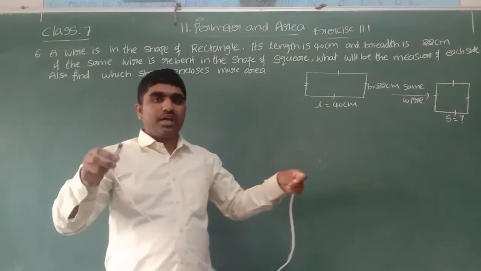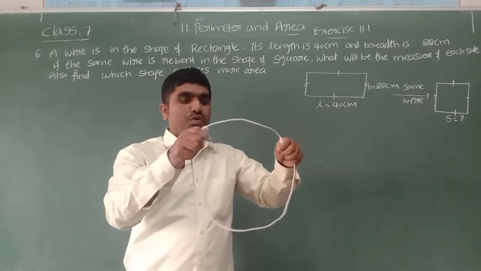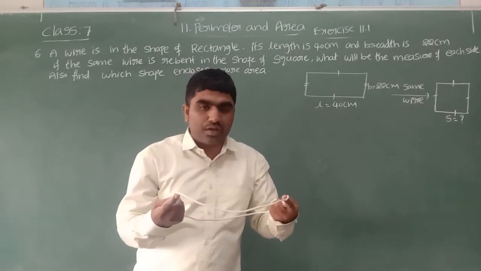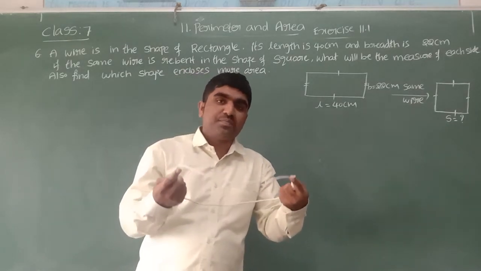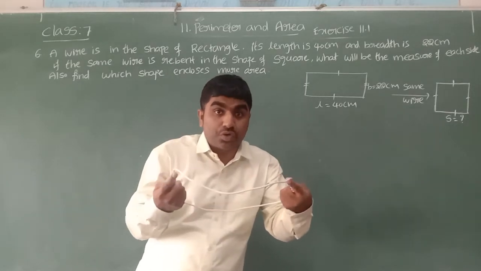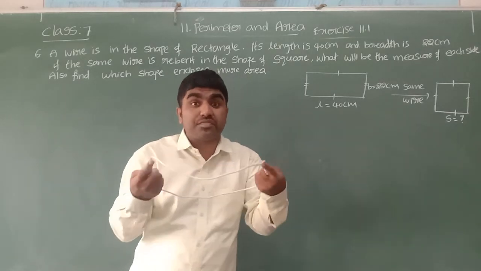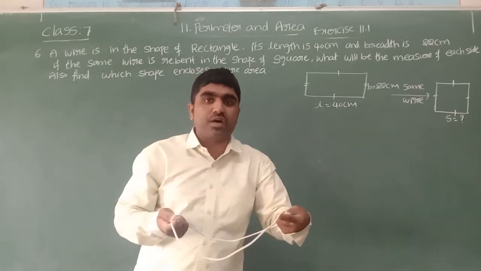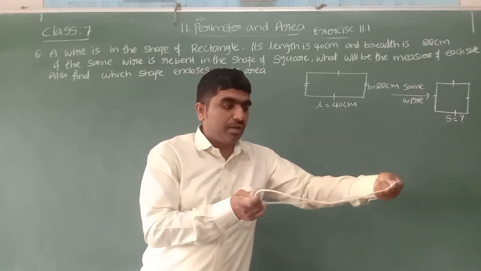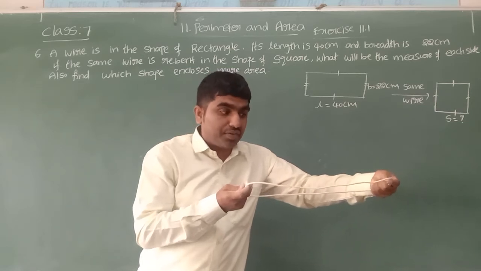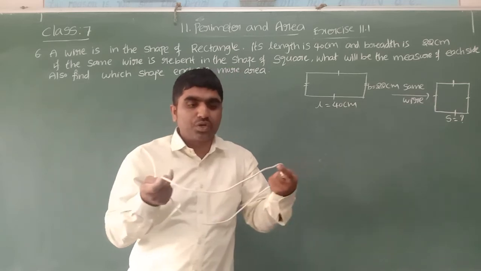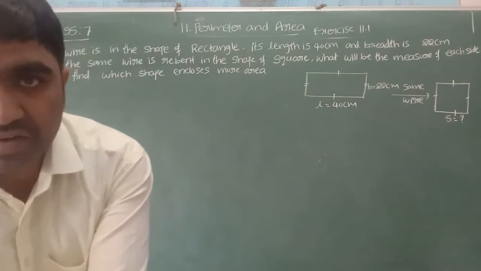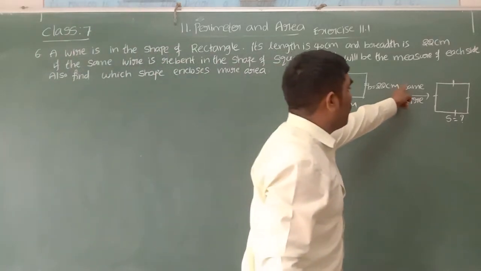So the same wire, if I make a square also, what is the total length of the boundary of the square? Whatever the length of the wire you took for the rectangle, the same length of wire we are taking for the square also. So from this what can we say? The total length of the boundary of the rectangle is equal to the total length of the boundary of the square. The reason is we are taking the same wire.